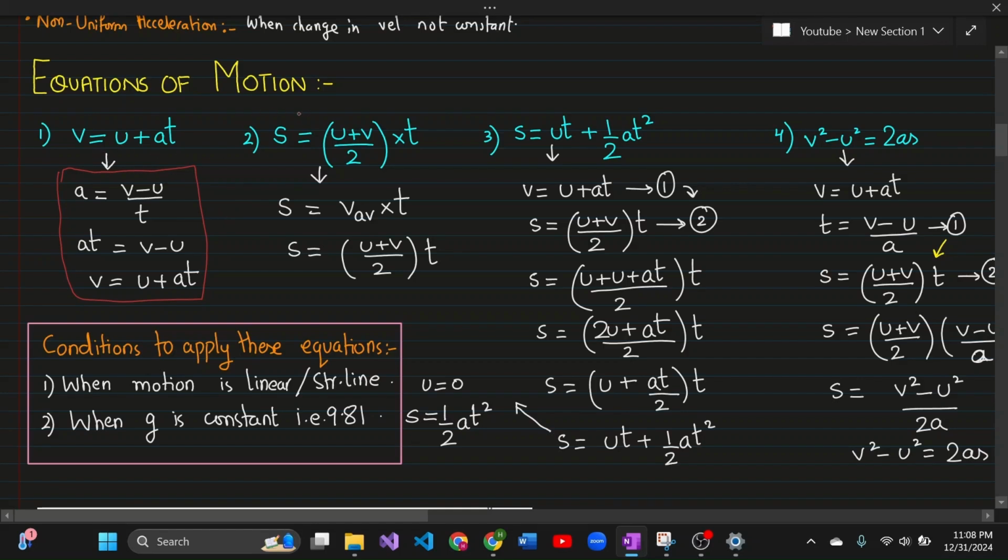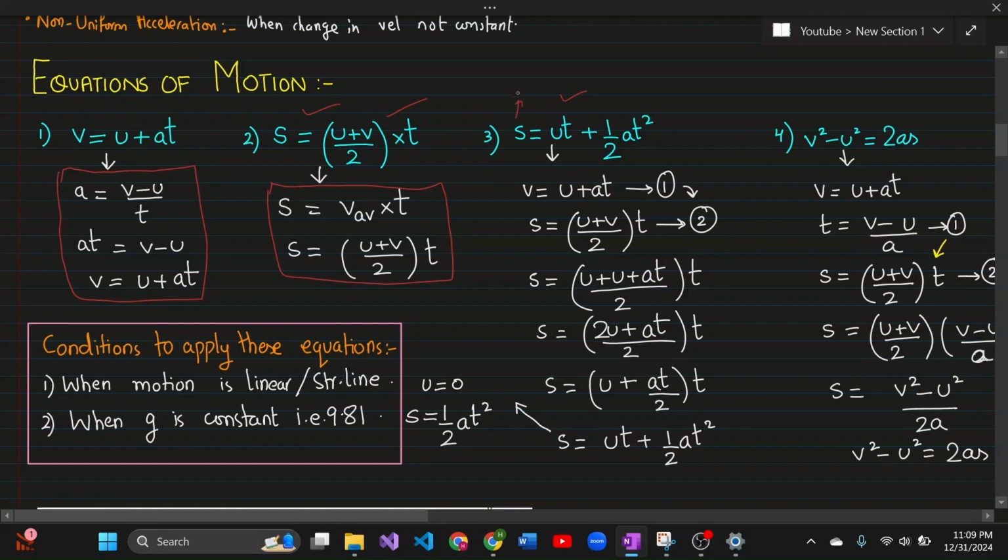Then second, we have s is equal to (u plus v) upon 2 into t. You can also check this derivation, how I have derived this equation. Derivation is somewhat important, but you just need to remember the main equation that is written here. Third is s is equal to ut plus half at square. This is used very much in your MCQs, so you need to remember this equation as well.